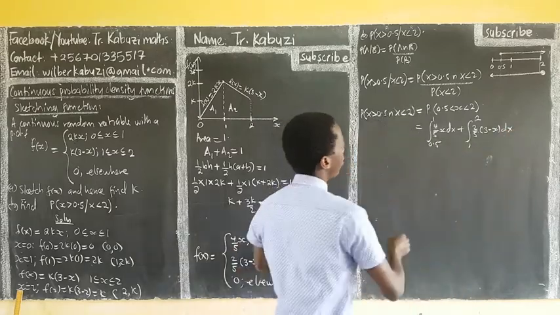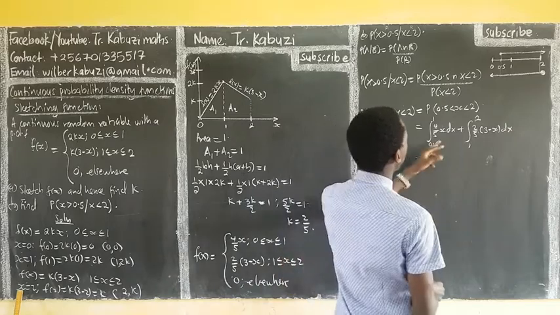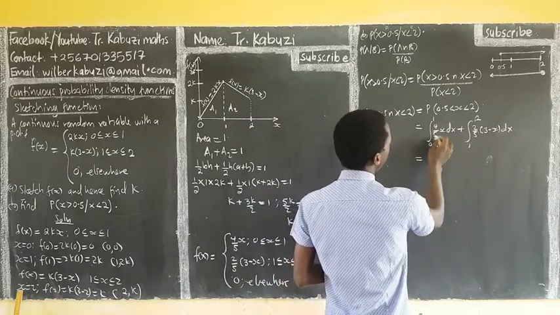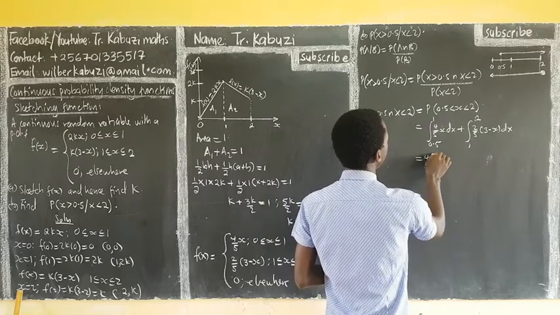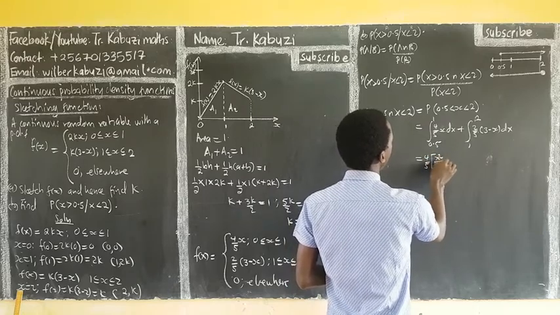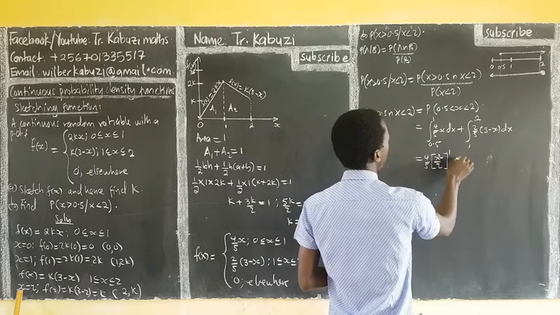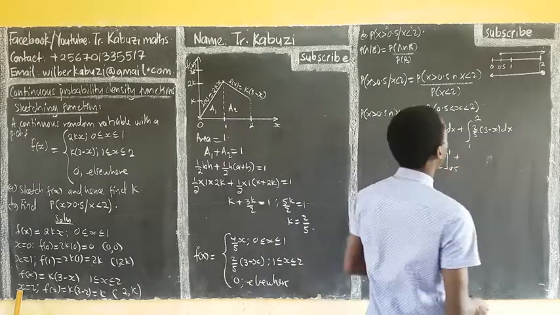So there, we put in our values. When I integrate this, I get 4 over 5 times x squared over 2 from 0.5 to 1, plus the whole of this.